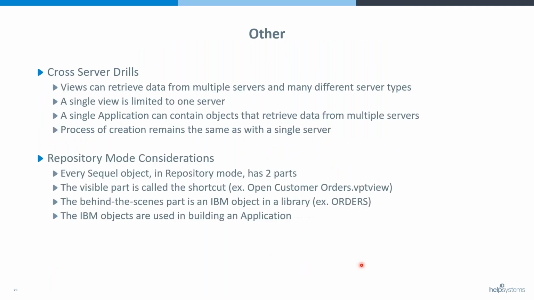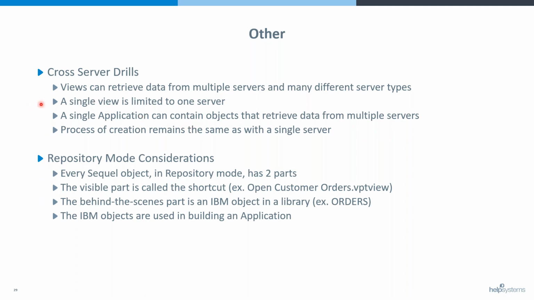A couple other little things. Cross-server drills. Not a lot of people have done this, but it can be useful. Let's say most of your data is on the IBM, but at some point you have to drill to a different IBM or possibly to another platform entirely on your network. Views can retrieve data from multiple servers at many different times using what we call remote database connectivity, but a view is limited to just a single server.